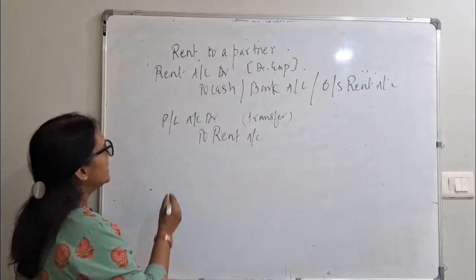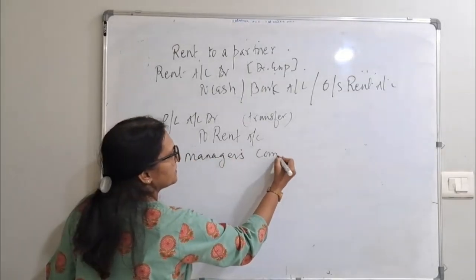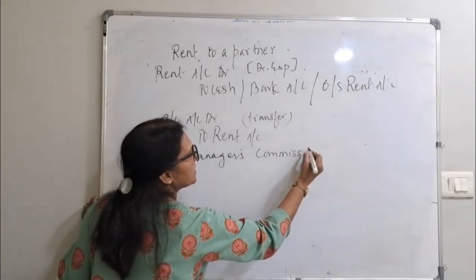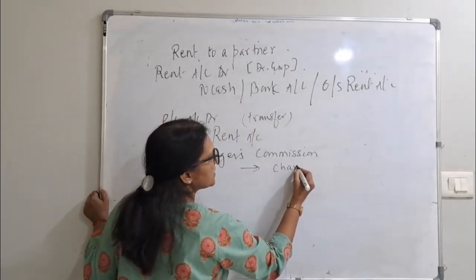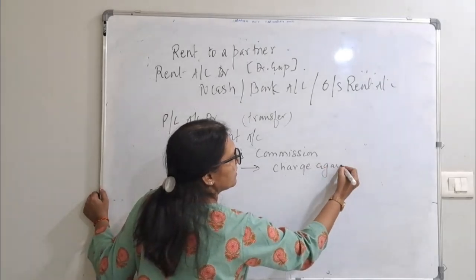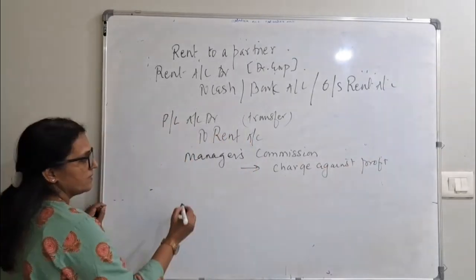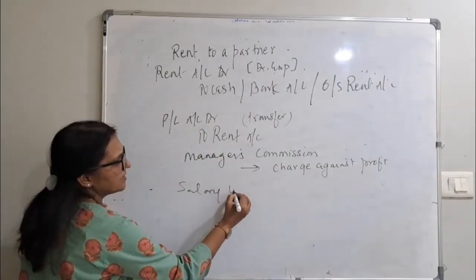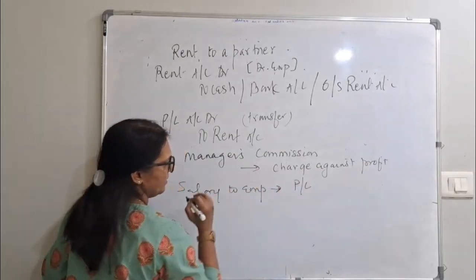Got it? Next important topic is manager's commission. It is taken as a normal expense and that is why it is transferred. It is a charge against profit. Salary to employee is also a charge against profit which will go in profit and loss account.